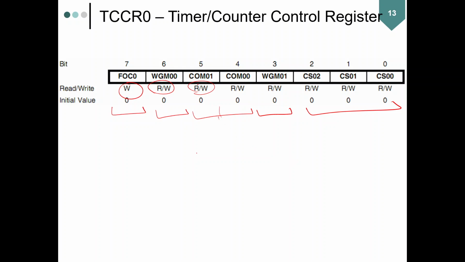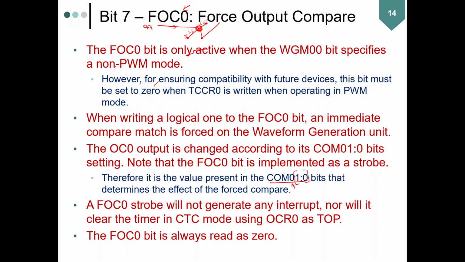So these two pins are going to decide what happens once this is 1. These modes are discussed later. And this strobe does not generate any interrupt, or clear the timer, once it is in the compare timer mode.